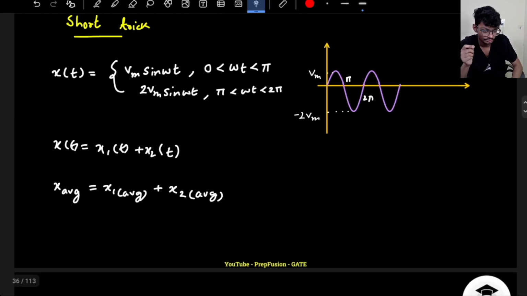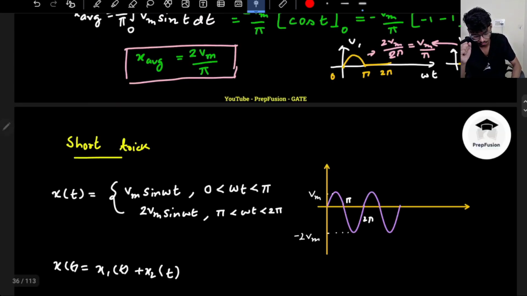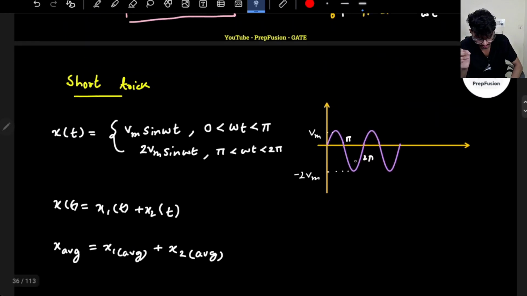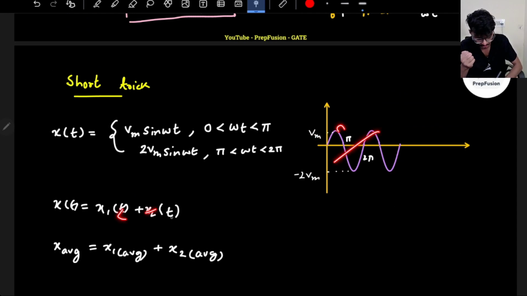Now there is another short trick. Let's say I have a sinusoid like this. I've already told you how to find the average value of a half sinusoid, which repeats over a period of 2 pi. So this is the sum of two sinusoids whose peak amplitudes are different. This will only work if frequencies are the same.